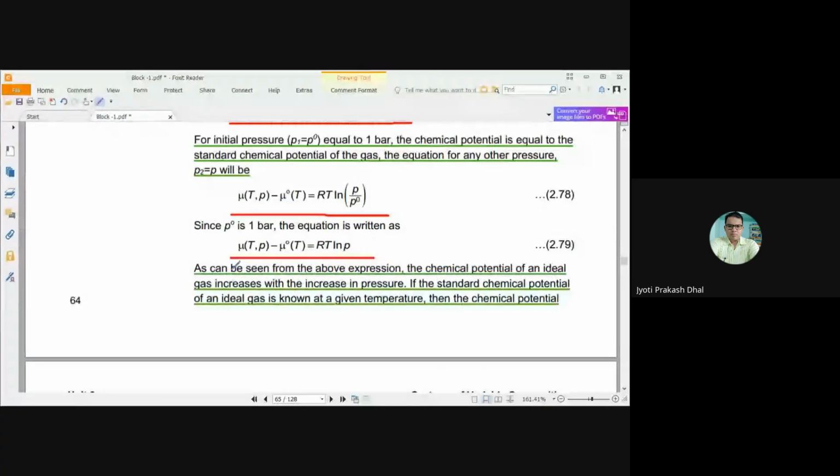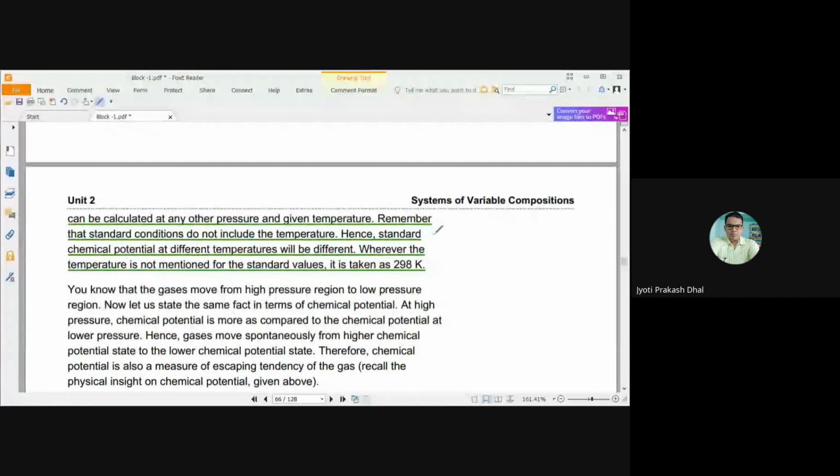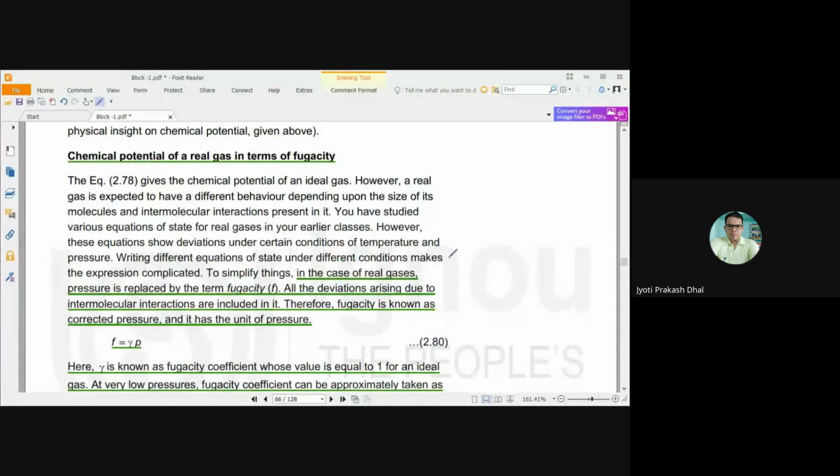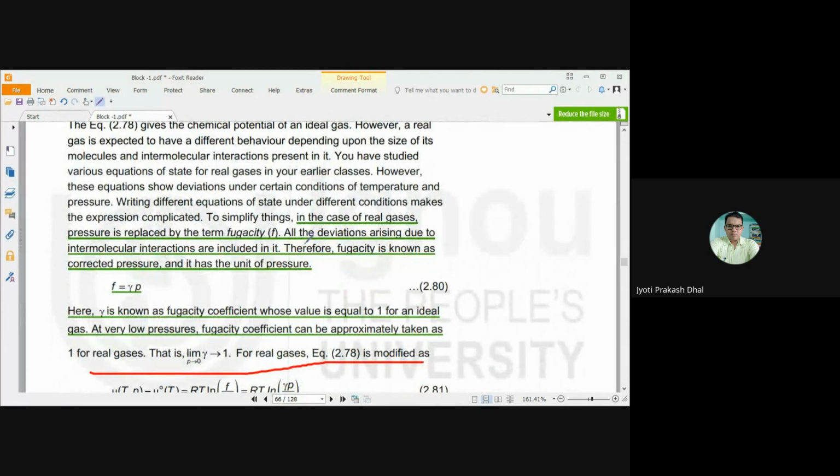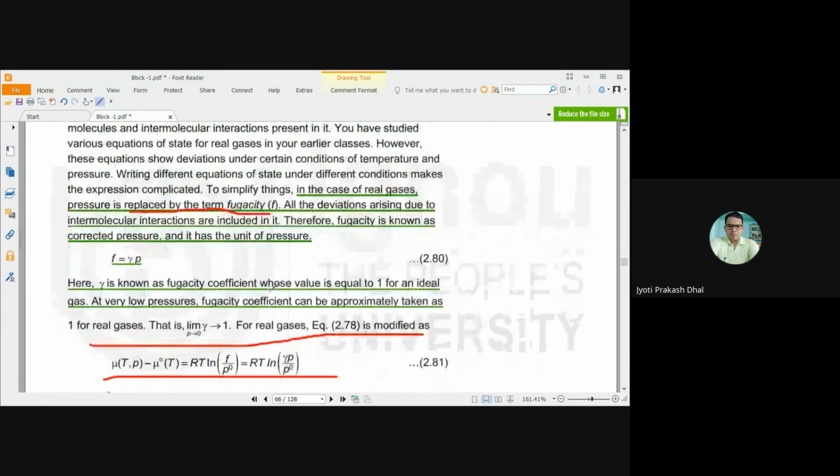For an ideal gas we use the term pressure, but in the case of real gases, the chemical potential is expressed differently. For real gases, in place of pressure we use the fugacity. And we know the relationship between fugacity and pressure: f equals gamma P. Here gamma is known as the fugacity constant, whose value equals 1 for an ideal gas.